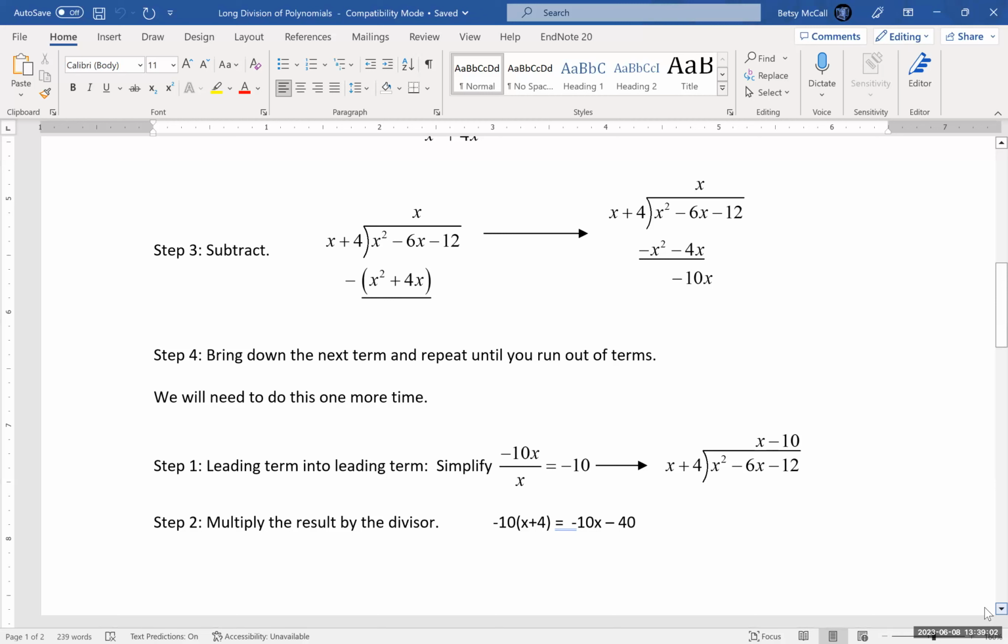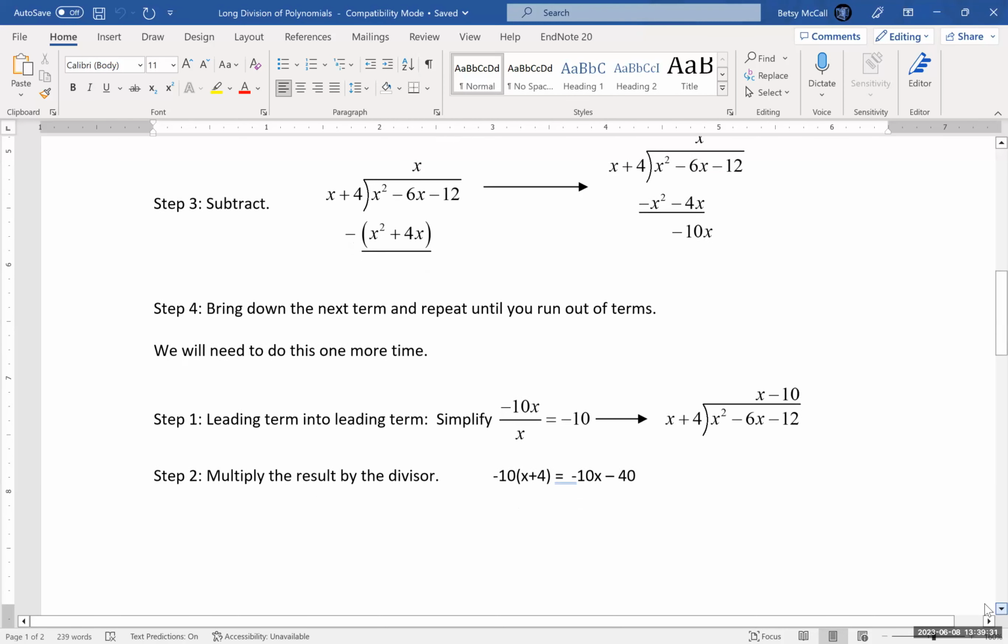And then I repeat this process until I run out of terms or I can't divide anymore. So I bring down my negative 12. And again, for the next step, I'm just looking at the leading term. So I'm looking at negative 10x and dividing by the leading term of the divisor, which reduces to negative 10. I put my negative 10 above the constant in my original problem.